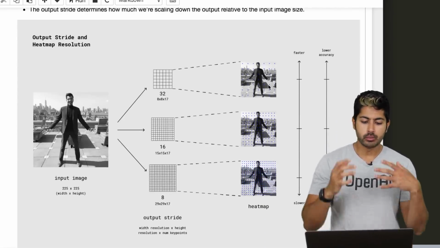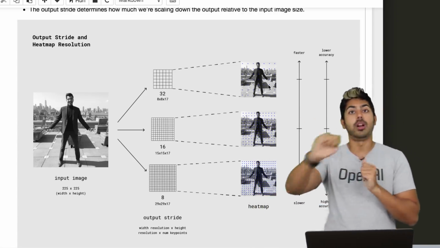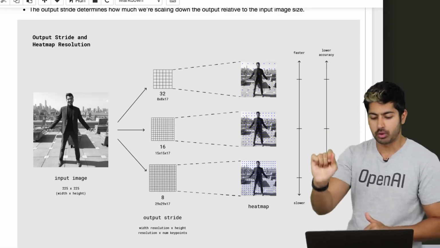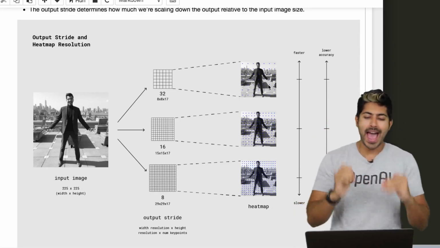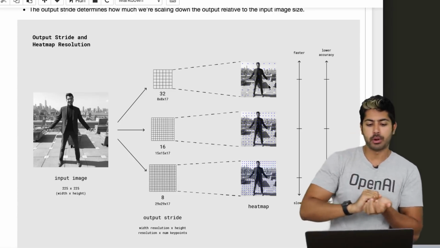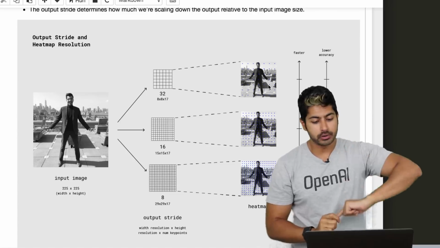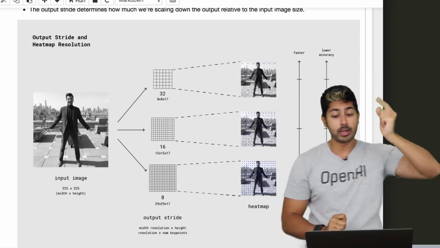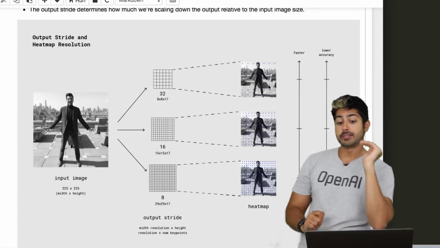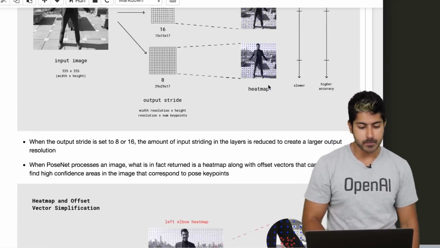But we can tune the level of quality we want by tuning the stride parameter. We can tune how accurate it is for one person by tuning this stride parameter from 8, 16 up to 32 and then back down again. And there's a trade-off here. One is faster in terms of processing and one is slower. If it's faster, it has lower accuracy, but if it's slower, it has higher accuracy.